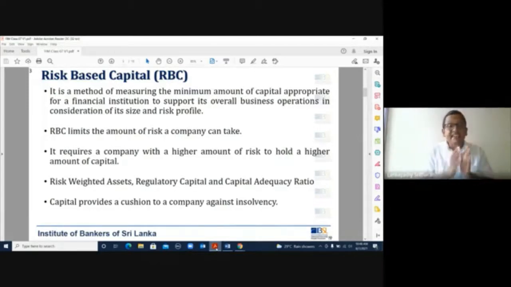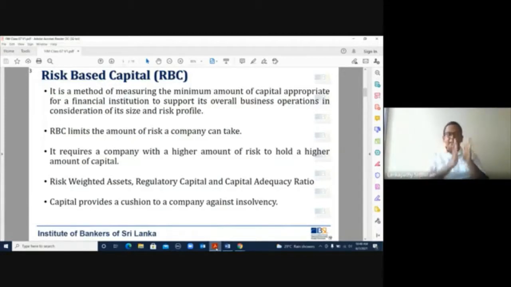Is it reasonable to ask both banks to maintain the same amount of capital? Is it reasonable? I'm explaining the example again.